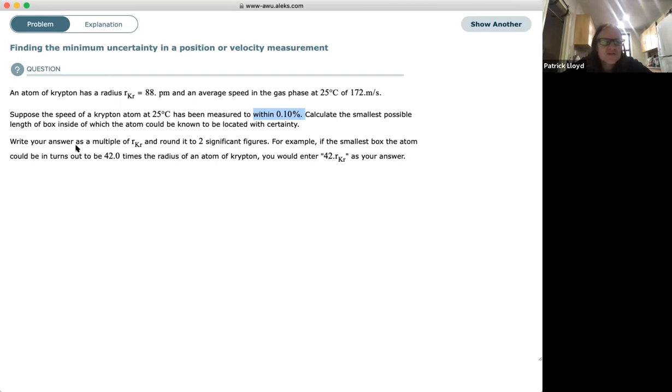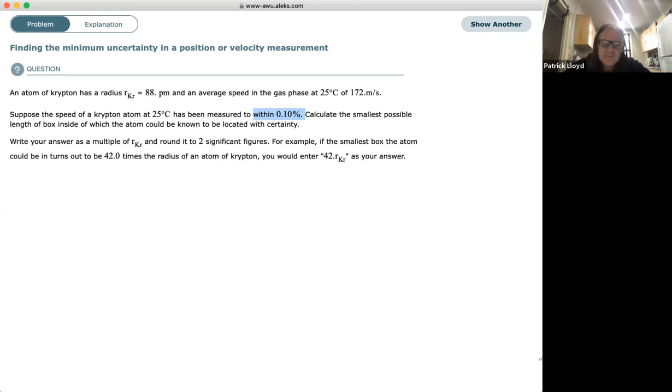Calculate the smallest possible length of a box, uncertainty in position, the atom could fit with certainty. And then they want you to represent it as a ratio, the ratio of this uncertainty in position divided by the size, which was right here, 88 picometers. That's just a detail of how you present the answer.